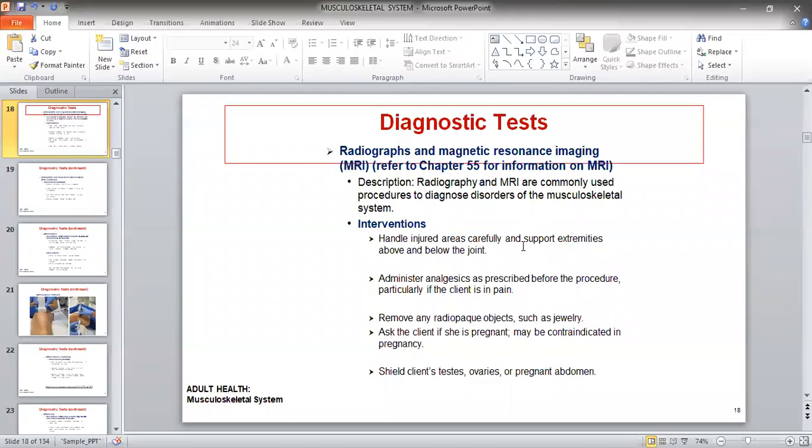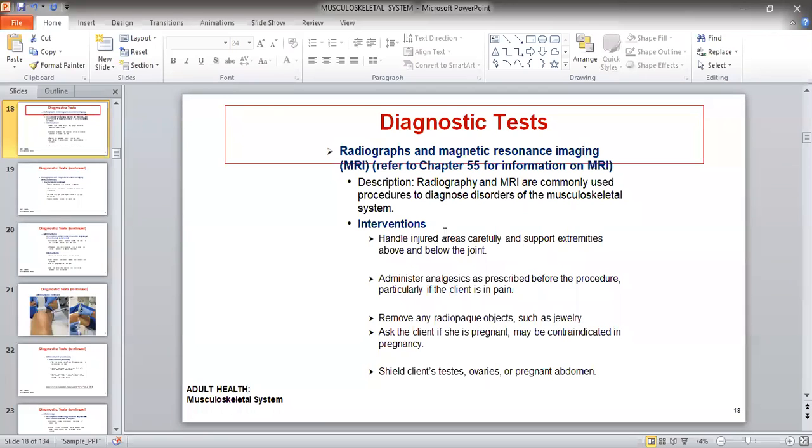So as RNs, we have to know the nursing management, the nursing process, including interventions to prevent disability of the joint or body alignment. During this process most patients are injured, so positioning is important, right? And also if a patient needs special equipment, how they have to use it.